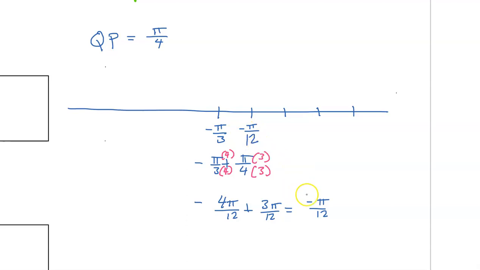I almost forgot the 1. Well, I need to keep going and find the next 3 values. So I'm going to add another quarter period. And I might as well stick with this form since I already have like denominators. So I'm going to add another 3 pi over 12. That's going to give me 2 pi over 12, which reduces down to pi over 6. So the next value will be pi over 6. All right, I keep going. Let's add another 3 pi over 12. So that will give me 5 pi over 12.